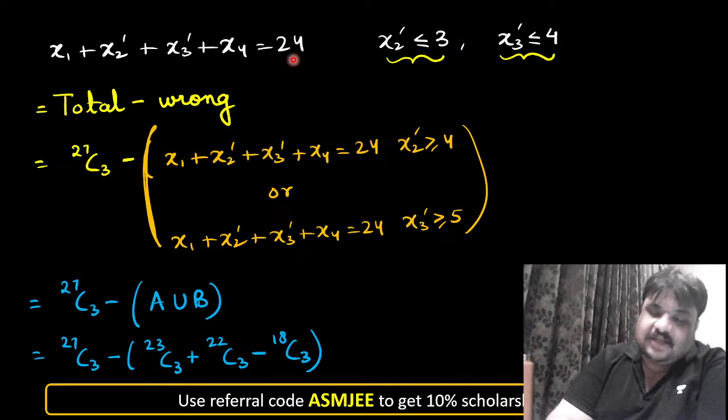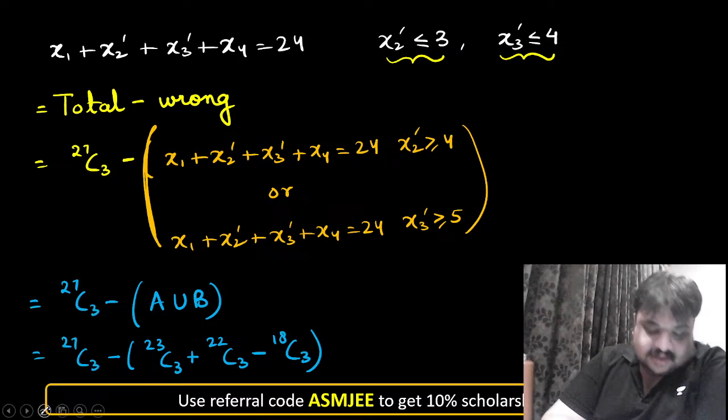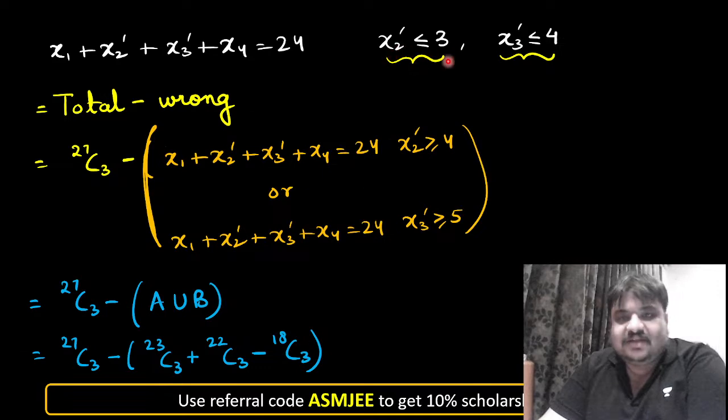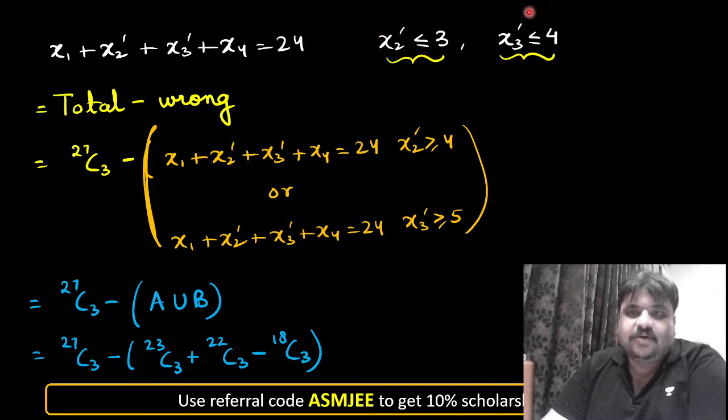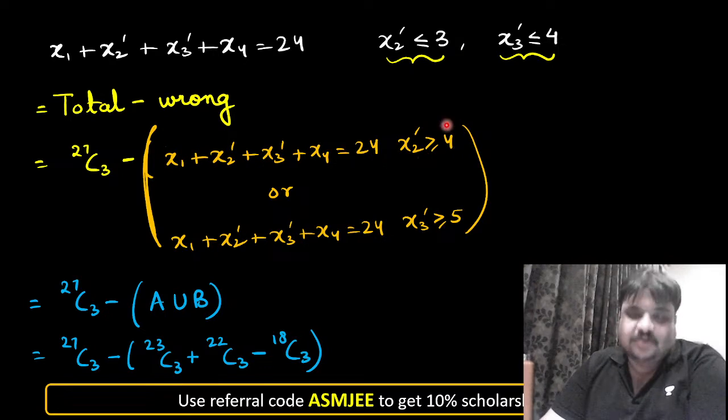So this is total answer. N plus R minus 1 CR minus 1. That is the total answer. Now what are the wrong answers supposed to be? Wrong answers are those answers where either this thing becomes greater than equal to 4 or this thing becomes greater than equal to 5. Now both these cases we can find the answer of this by using another variable x2 double dash now, because this is now lower limit.